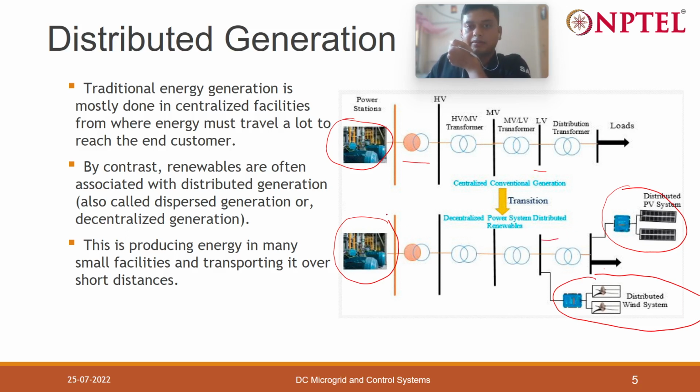So distributed generation means that you are generating some smaller level of power at the distribution side also. It may increase in the future, because if in every home they have installed solar rooftop panels, and in farmland they may install solar PV.